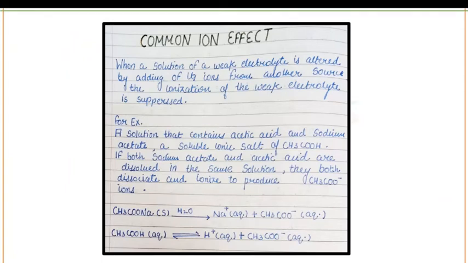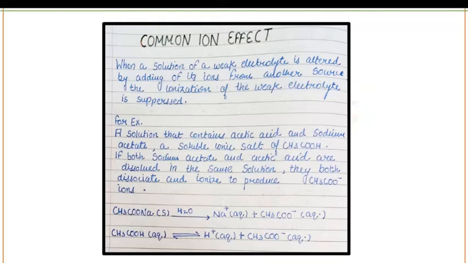If we talk about the common ion effect, it refers to the decrease in solubility of an ionic precipitate by adding to the solution a soluble compound with an ion in common with the precipitate.